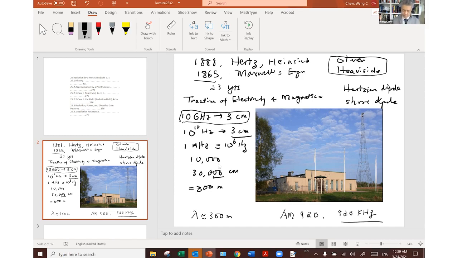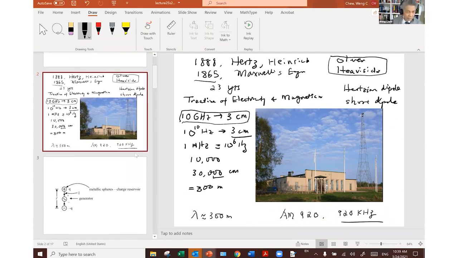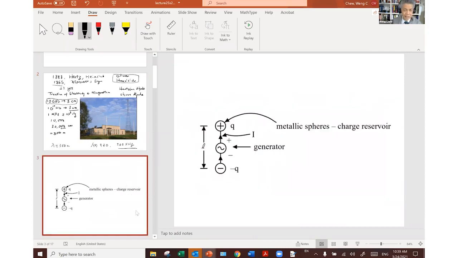Okay, so knowledge progresses slowly throughout the ages. This is what we can learn from this historical story.